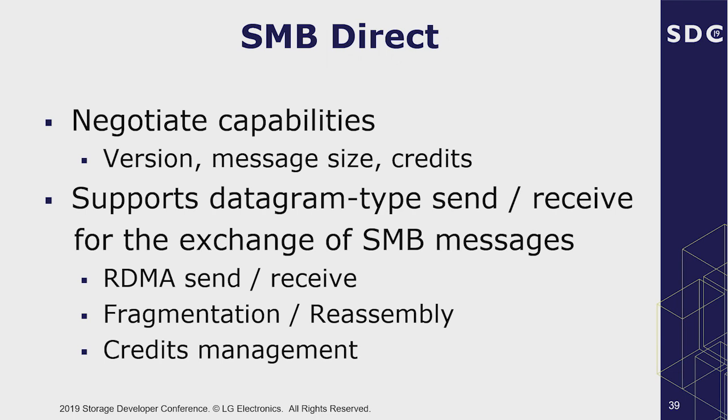Due to resource limitations of the RDMA network card, a receiver can post a limited size and limited number of receive buffers. So before SMB exchange, a client and server have to negotiate the maximum size of buffer which they can receive and how many empty buffers they have. The latter is managed by credit management.